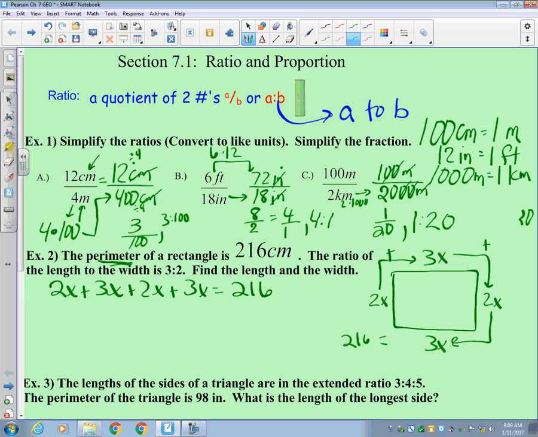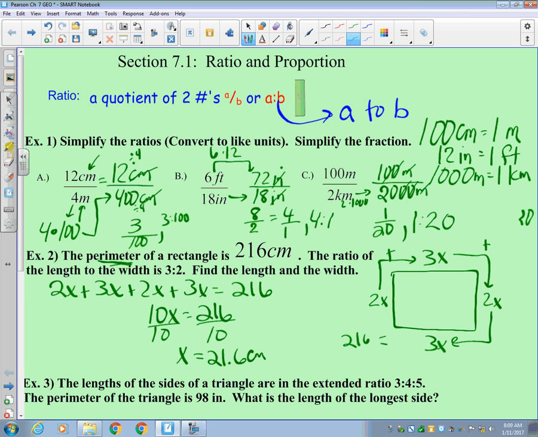When I add them all together, they should equal 216. So I'm going to add my x's together. That gives me 10x equals 216. Then we're going to divide by 10. So x is equal to 21.6 centimeters.